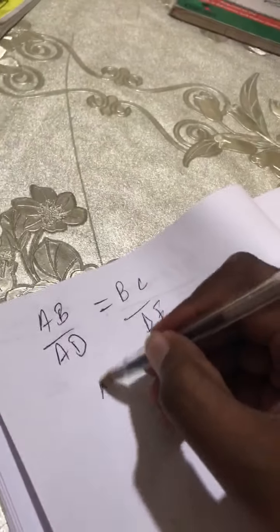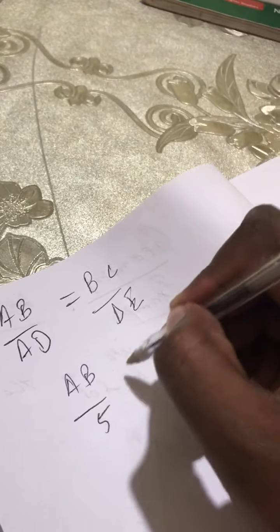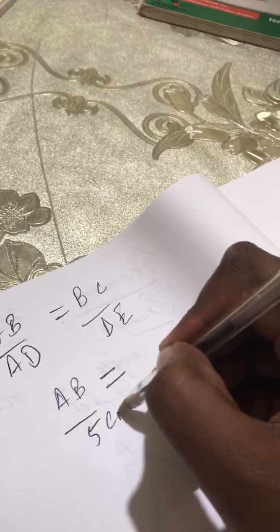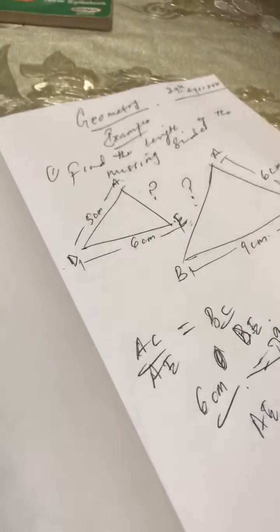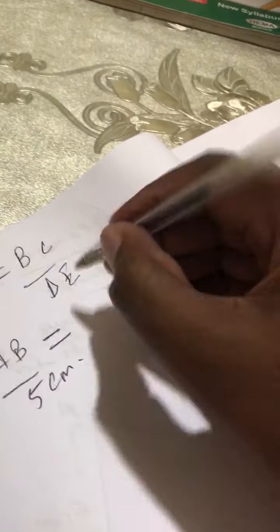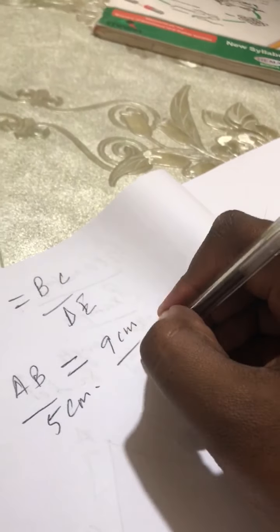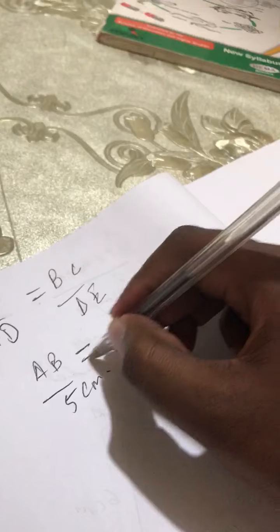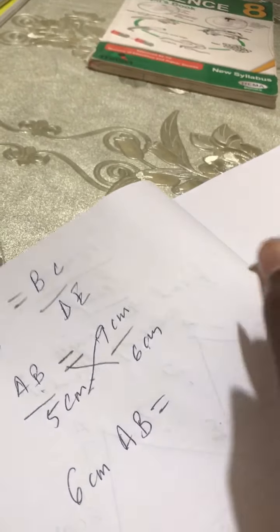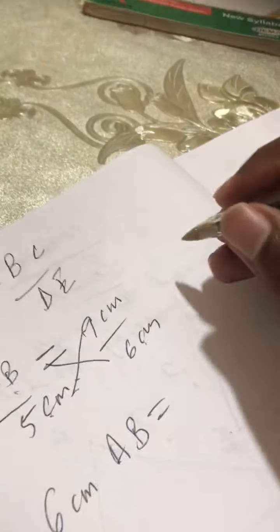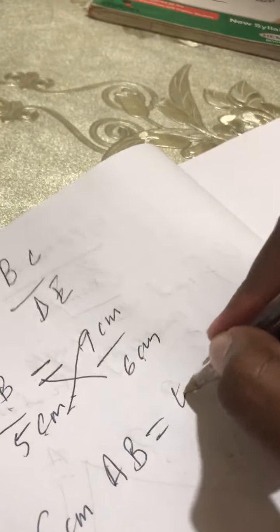We say AB over 5 centimeter is equal to point B to C, 9 centimeter, divided by point D to E, 6 centimeter. After that, what are we doing? Cross multiplication. AB times 6 centimeter equals 5 centimeter times 9 centimeter. 5 times 9 will be 45.